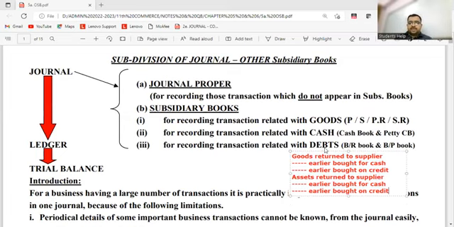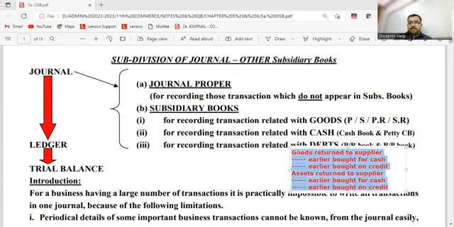So out of these, again, children, we'll be ignoring what and considering what. We'll be ignoring those transactions which were done on cash, either for goods or for assets.